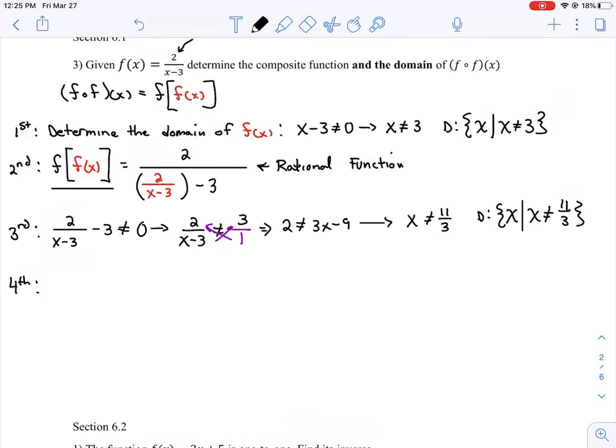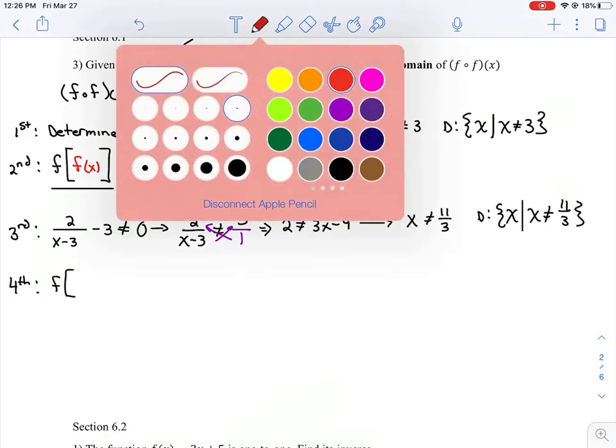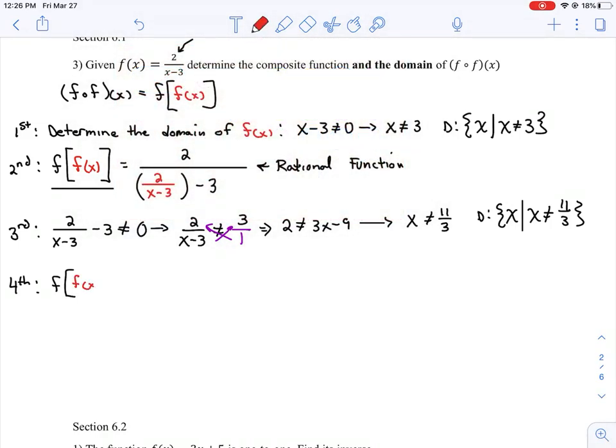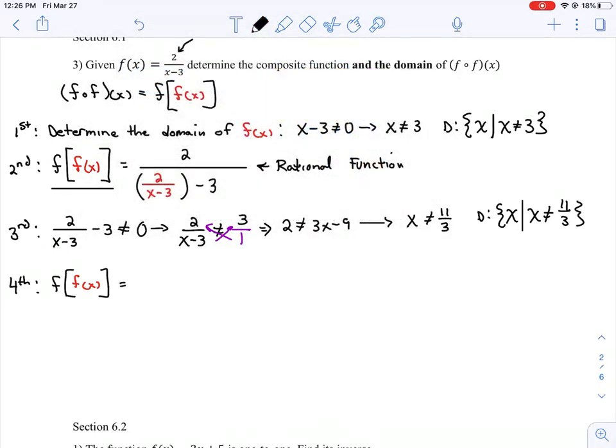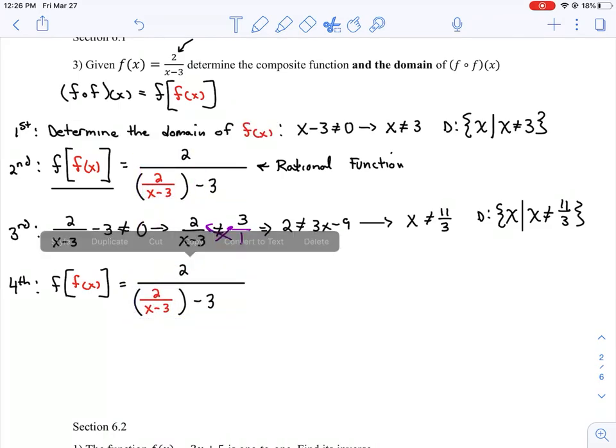Now we're going to simplify the composition and find the domain. So f composed of f of x is equal to, well, this expression I'm going to copy and paste.